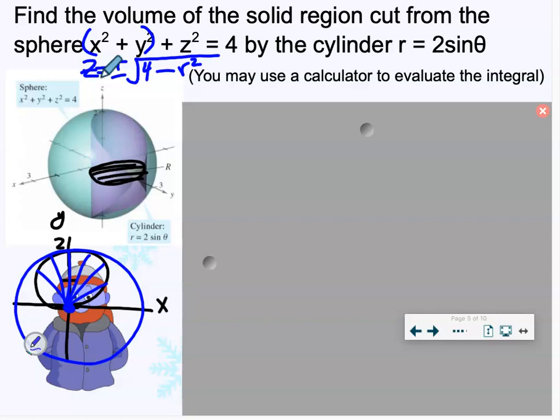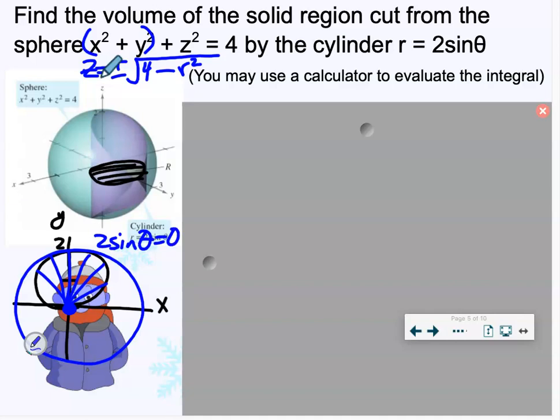Good? Okay. All right. Do you remember when we do polar and our function starts and ends, like I know it doesn't start and end, but let's just say starts and ends at the pole. If our function starts and ends at the pole, we have to find out what values of theta yield that, right? So you have to set your 2 sine theta equal to 0 and solve.